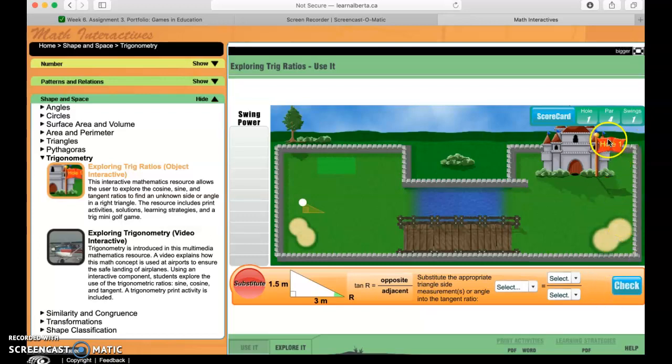So the first few holes, I'm solving for an angle measure, solving for R. The second 2 holes has me solving for a side length. So if students aren't quite ready for this to create the path of the golf ball, then they can click over here. So I like this website as a whole, really.